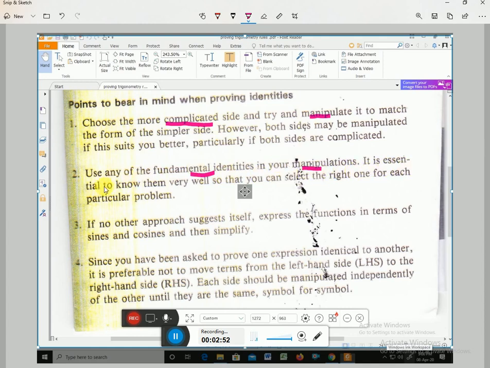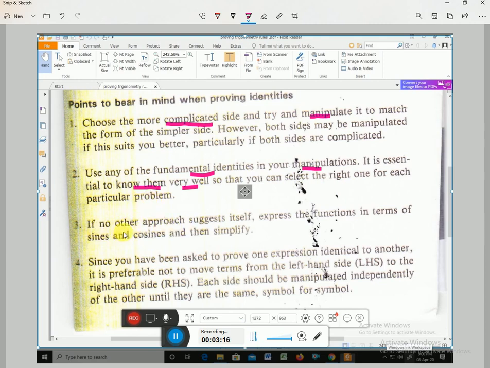It is important, people, to know them very well, so that you can select the right one for each particular problem.